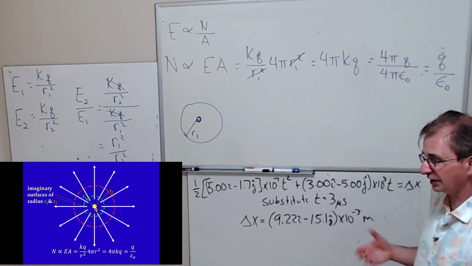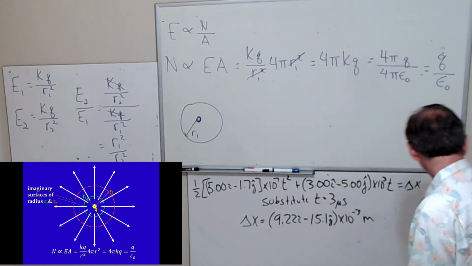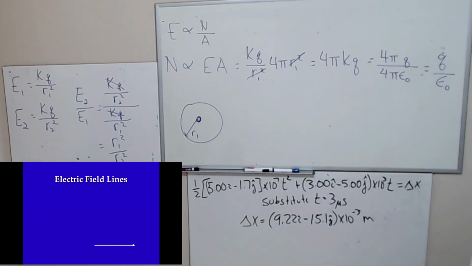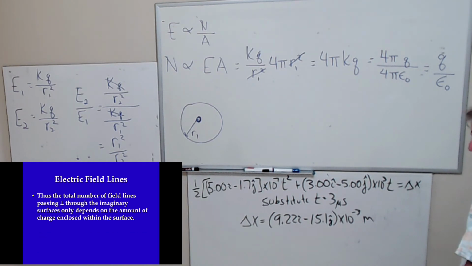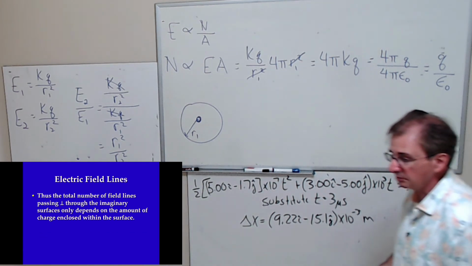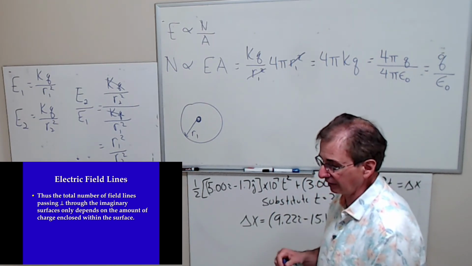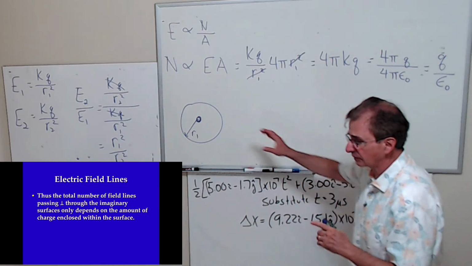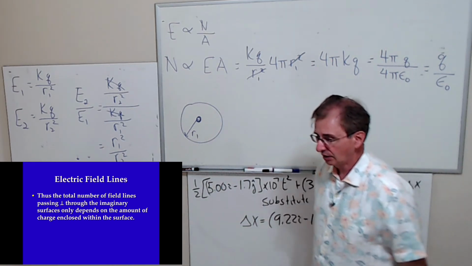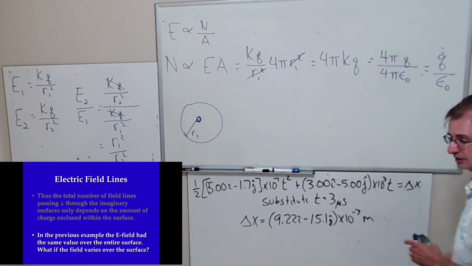It's something you'll see in more general terms in Talk 3. So, again, the total number of lines entering and leaving perpendicularly through any imaginary surface, and remember, these surfaces are imaginary, only depends on the charge that's enclosed within the surface.